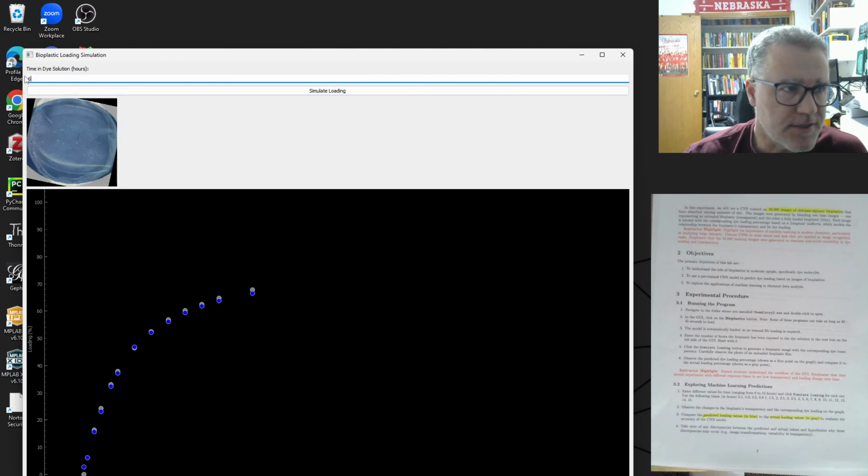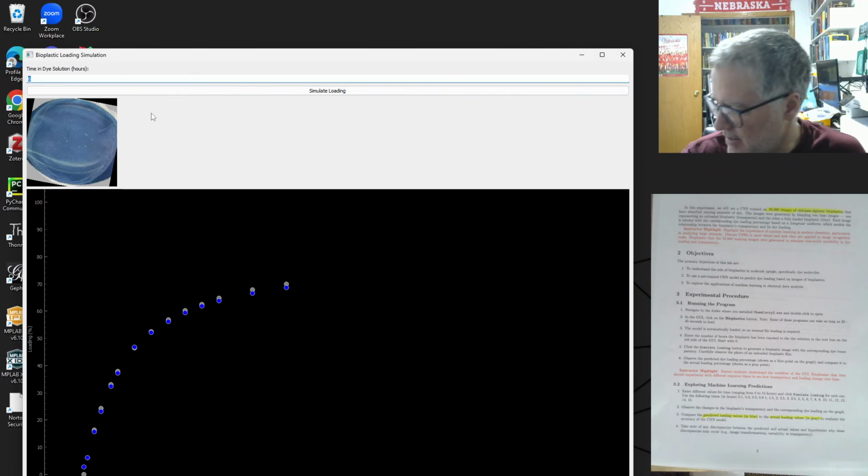Now it's looking quite blue here. It's reaching about its maximum load, which is about 70%.